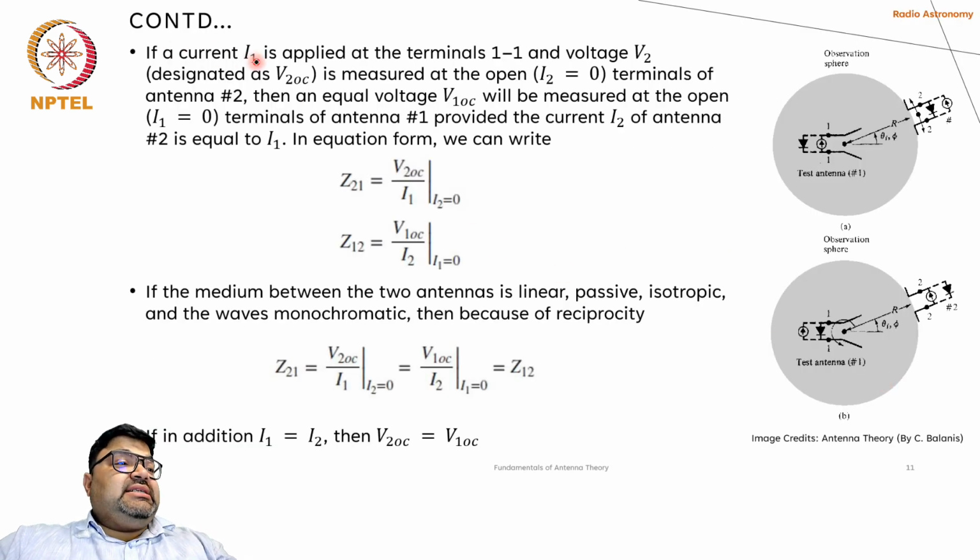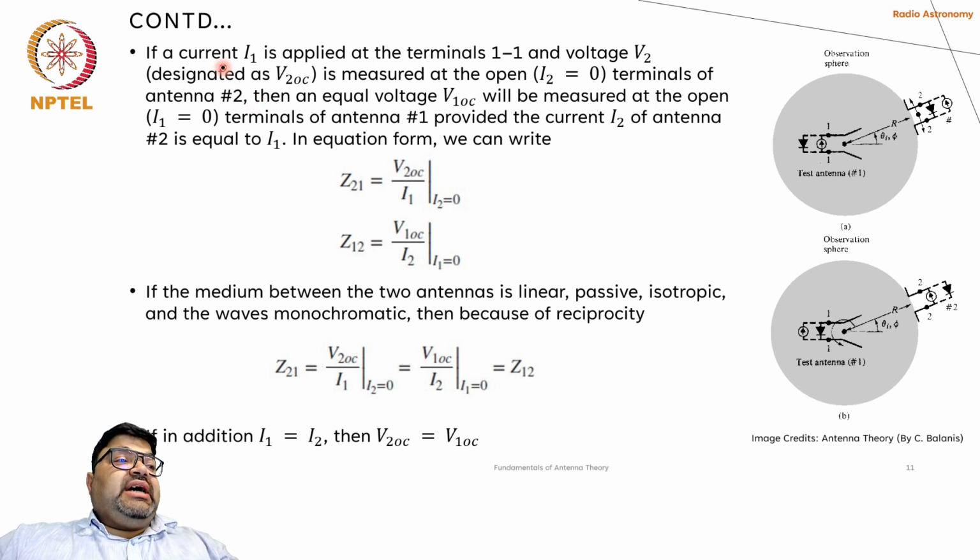If a current I1 is applied at terminals 1-1 and voltage V2 is measured at the open terminals of antenna 2, where I2 equals 0, then an equal voltage V1 OC will be measured at the open terminals of antenna 1, where I1 equals 0, provided the current I2 of antenna 2 is equal to I1.